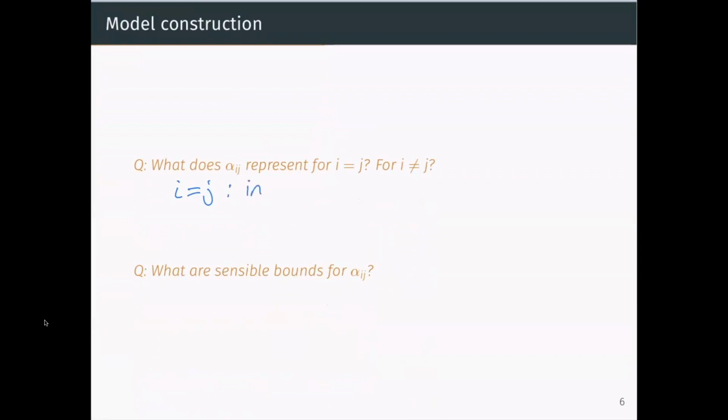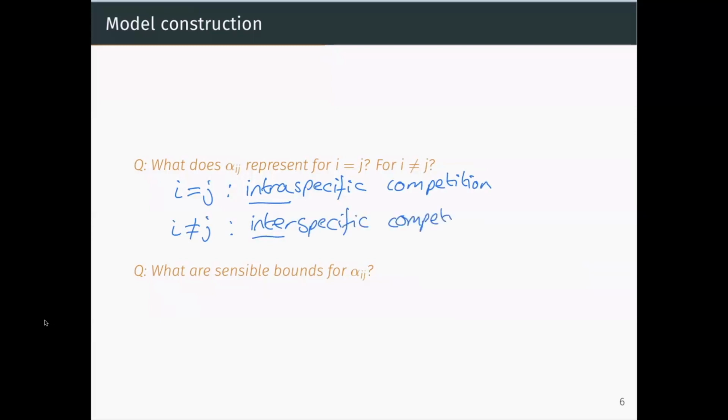This is competition within the species, essentially, and it has a special name, which is intraspecific competition. So within the species. And when i is not equal to j, then this is competition between species. So this is interspecific competition. Intra means within and inter means between.